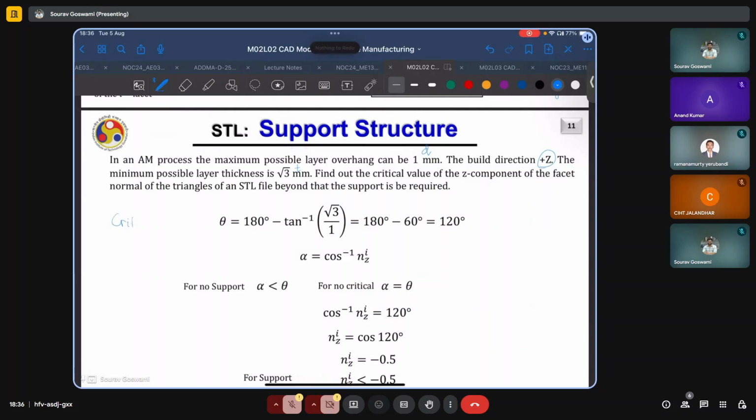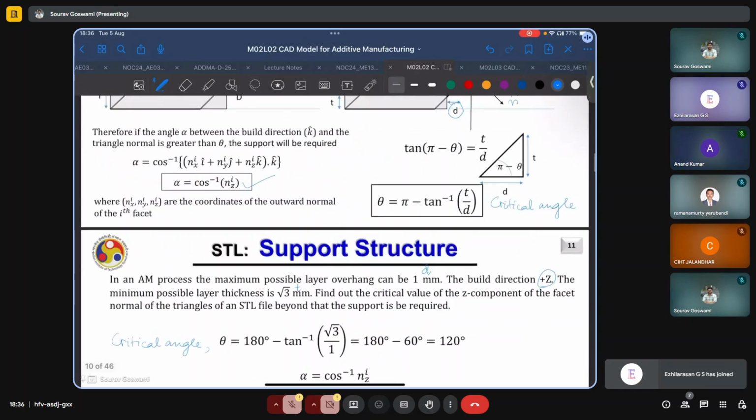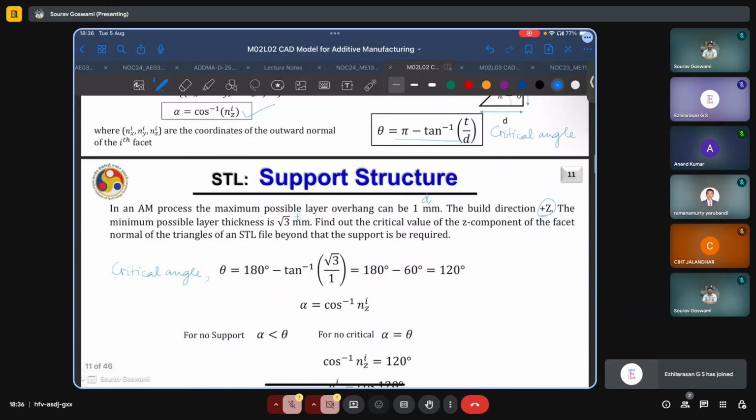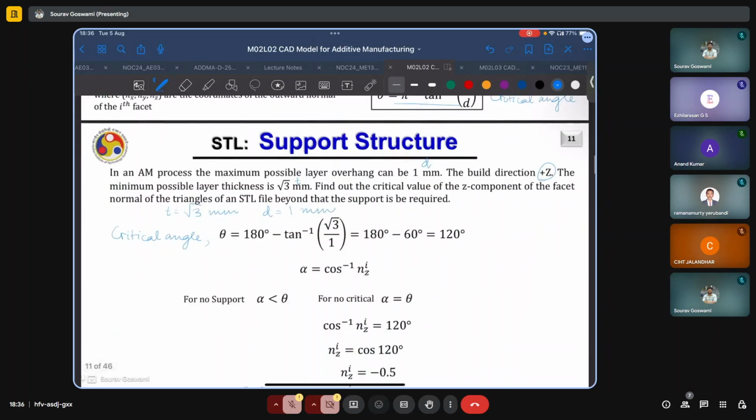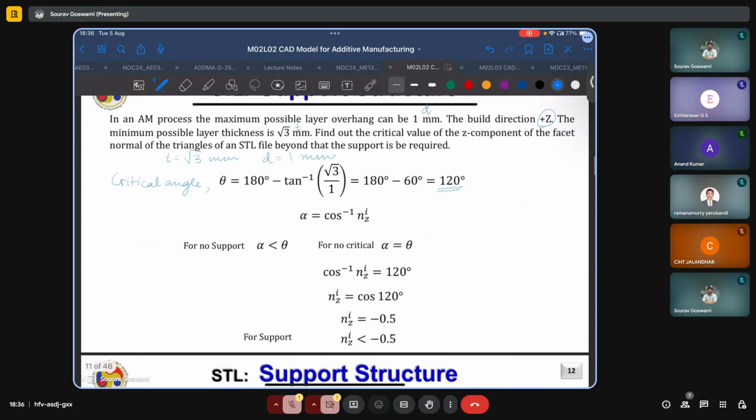So first, we find the critical angle theta, the formula for which is already available here. T is root 3 mm, d is 1 mm. We find that the critical angle is 120 degrees. Now, all facet normals which have an angle greater than 120 degrees with the build direction will need supports.